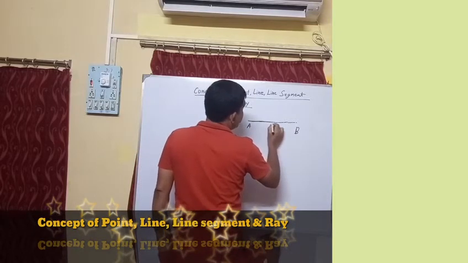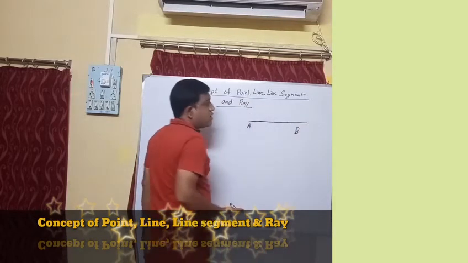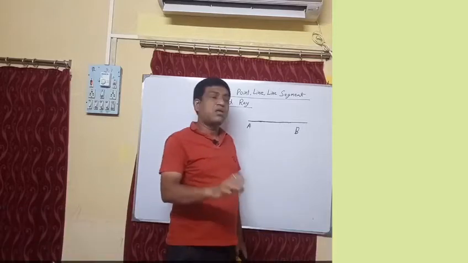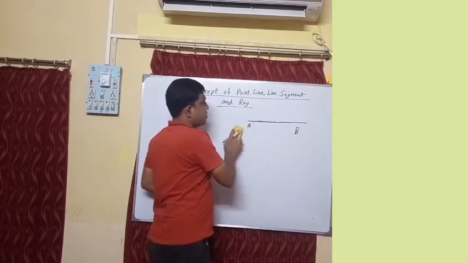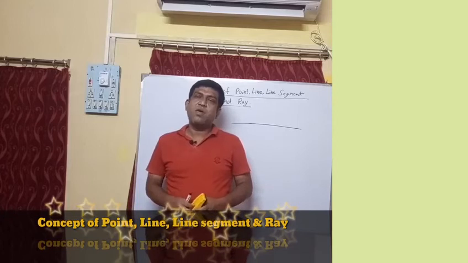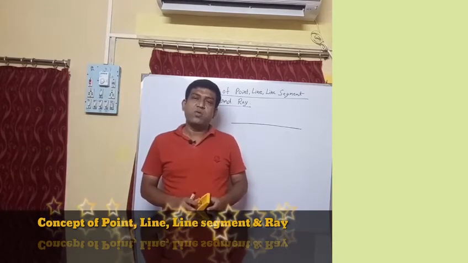That means infinite number of points are there in a line. Clear? Always remember, a line has only length, it has no breadth.